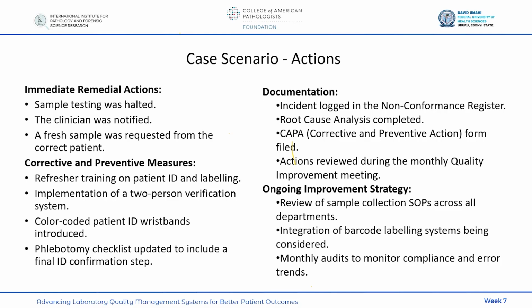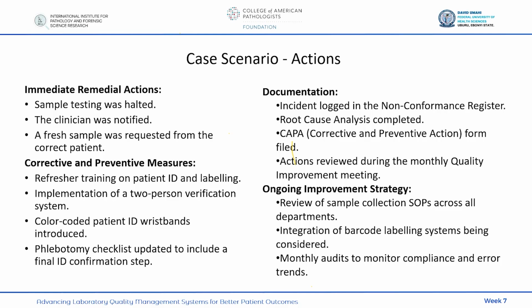These are some of the things they did as a result of this. What are the other things they did? For immediate remedial action, sample testing was halted. I didn't mention that the clinician was notified. A fresh sample was requested from the correct patient.